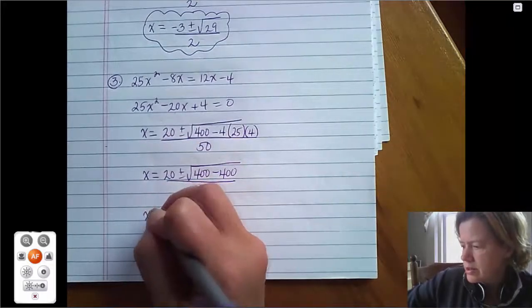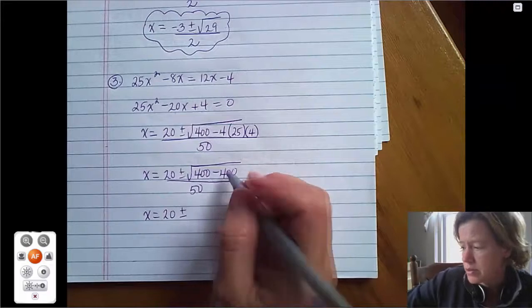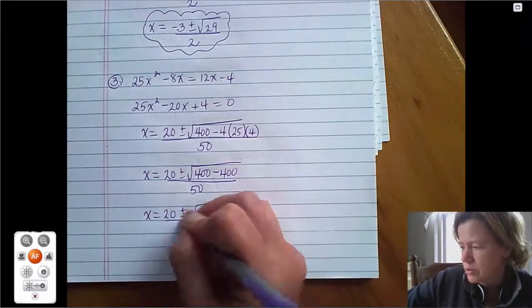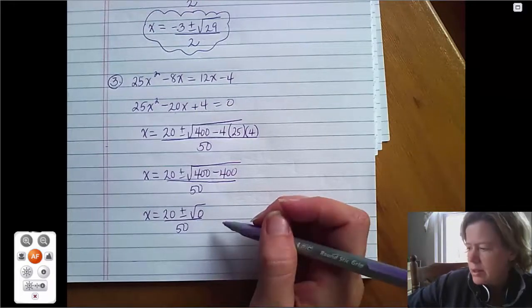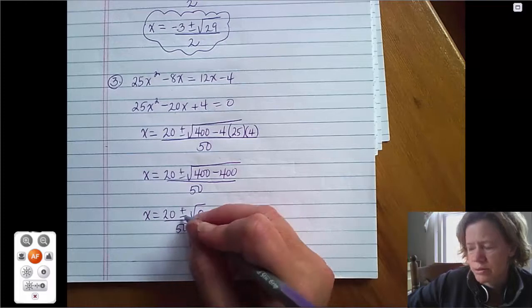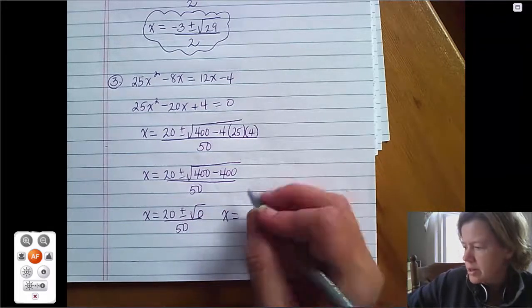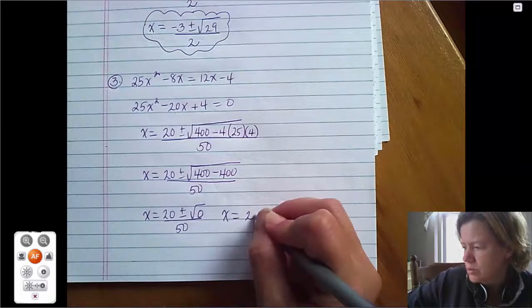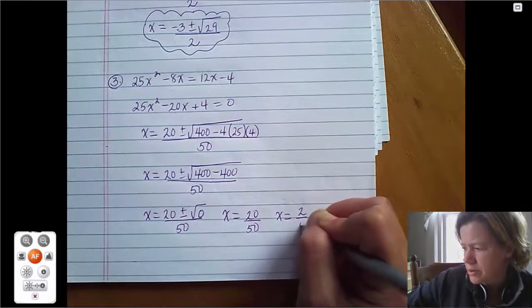So here x is 20 plus or minus 400 minus 400 is 0, the square root of 0 over 50. The square root of 0 is just 0. So when I add 0 to a number or subtract 0 from a number, it stays the same. So really it's just gone. So here I have x is 20 over 50, which reduces to 2/5.